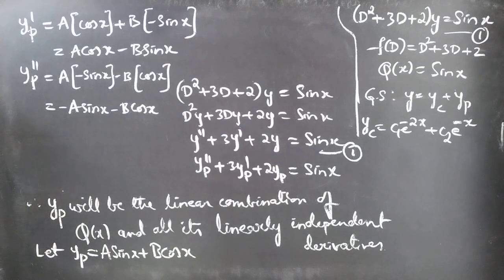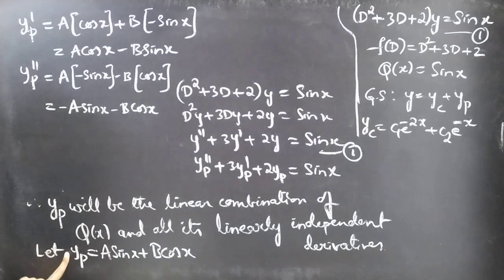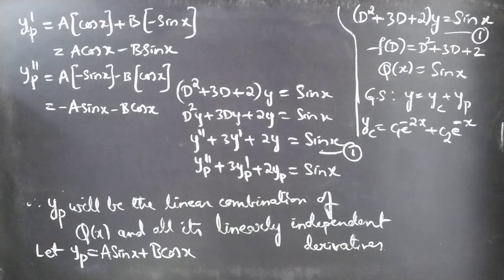We have chosen yp such that it satisfies the given equation. So we'll substitute yp dash and yp double dash in equation 1, right?